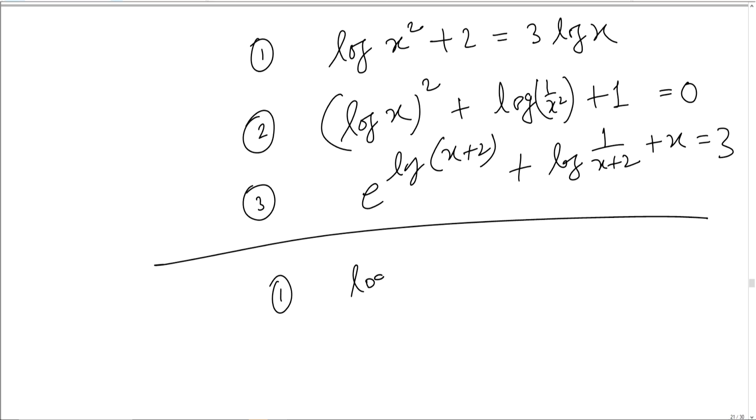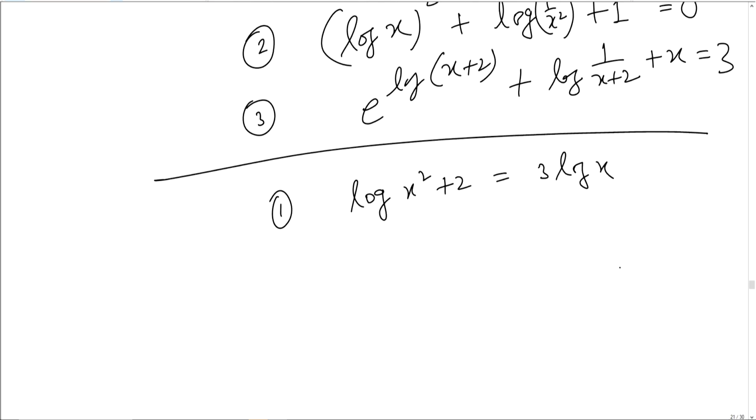Let us begin. Log x square plus 2 equals 3 log x. Our goal would always be to simplify the terms that look slightly complex. In the LHS the terms look slightly complex. This has some x to the power something. We do not want x to the power something, we want to simplify it as much as possible. So, it is log x square.